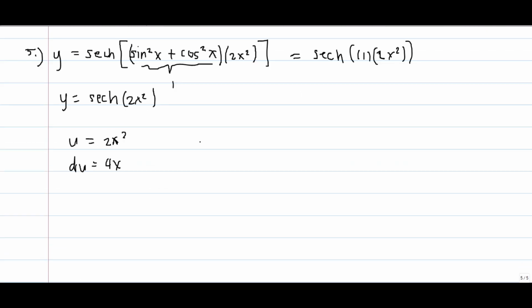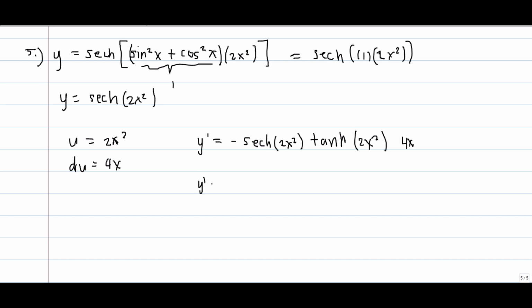So therefore y prime is equal to negative sech, our u is 2x squared, then tanh of 2x squared, where du is 4x.